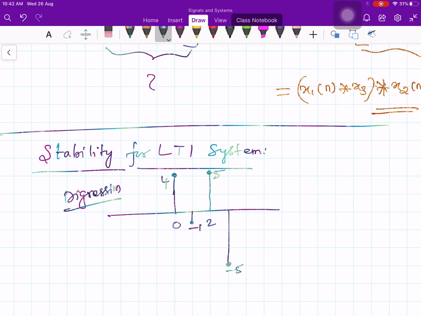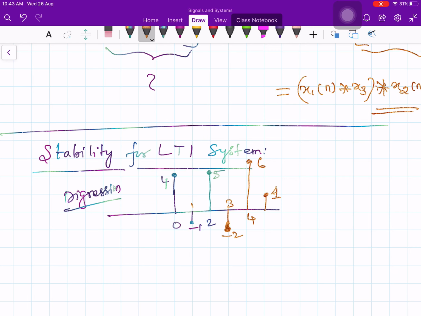So all some arbitrary example I am taking. Then I have 6 at 4, then at 5, let me take one more sample like this, 0 to 5, 0, 1, 2, 3, 4, let's say this is again 1 like this.